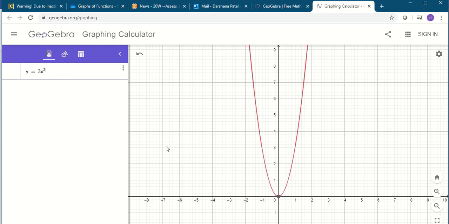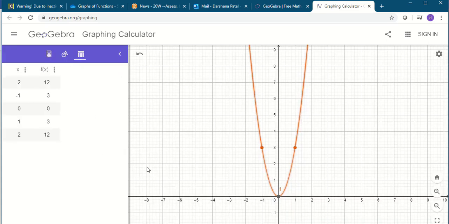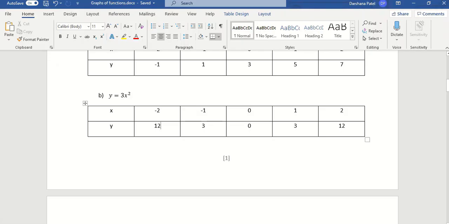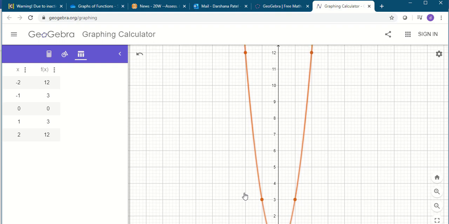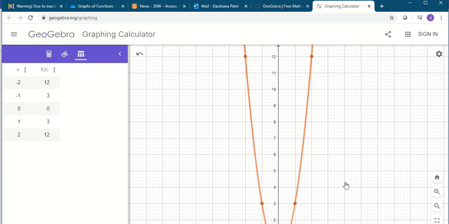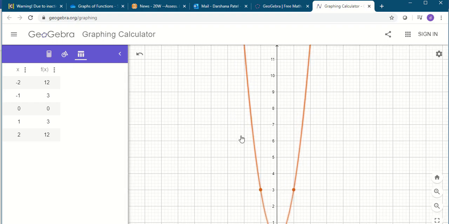Okay, so this is our graph, and if you were to see the table of values, we have 12, 3, 0, 3, 12, and then when we plot them, we get something like this. When x is 0, y is 0. When x is 1, y is 3. When x is negative 1, y will be 3. And then if you see up here, when x is 2, y will be 12. And when x is negative 2, y will be 12.